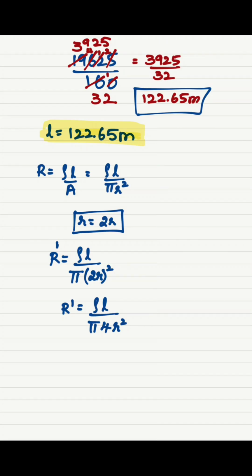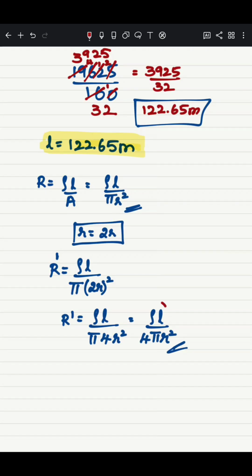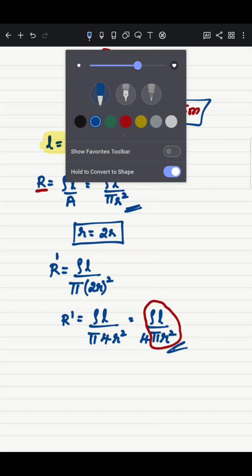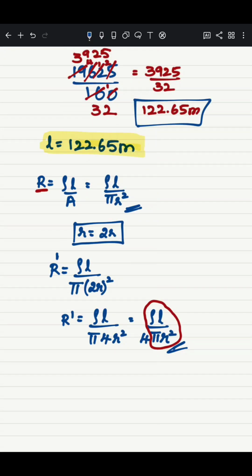So this I can write as rho L, with the coefficient 4 here, 4 pi r square. Now compare these two things. Rho L by pi r square is already there in place of R. What is extra? Extra is 4. So I can say that in place of rho L by pi r square, I can write R. Here nothing is there, which means 1 by 4.